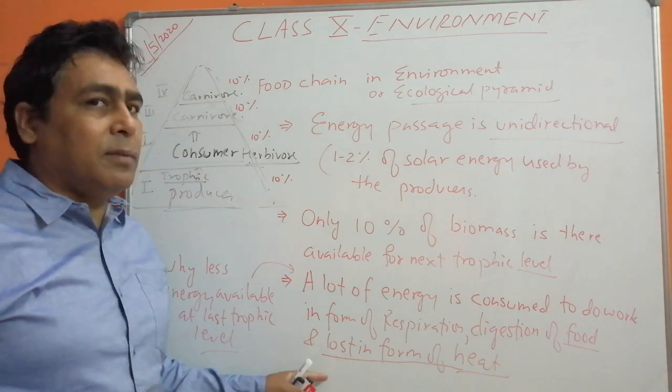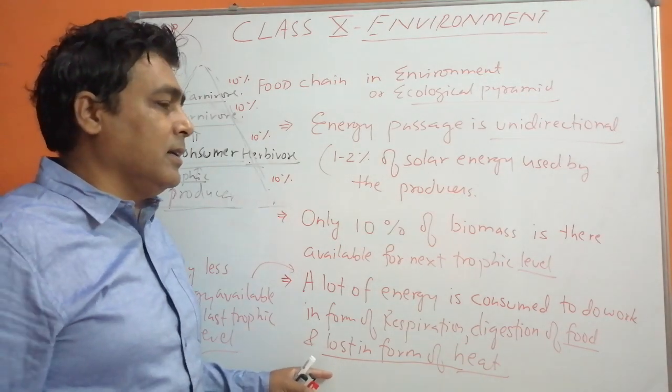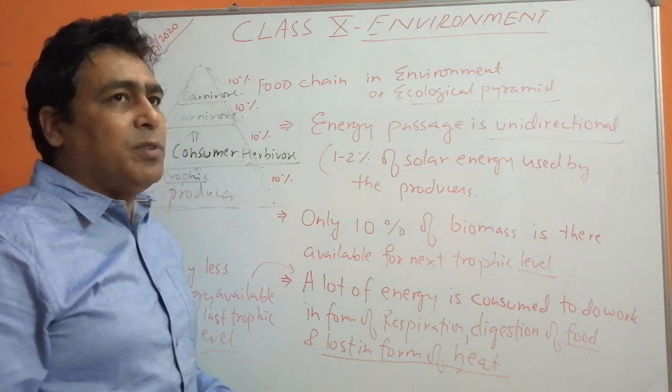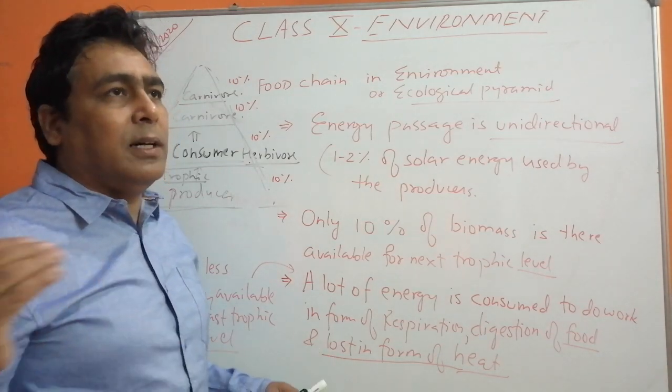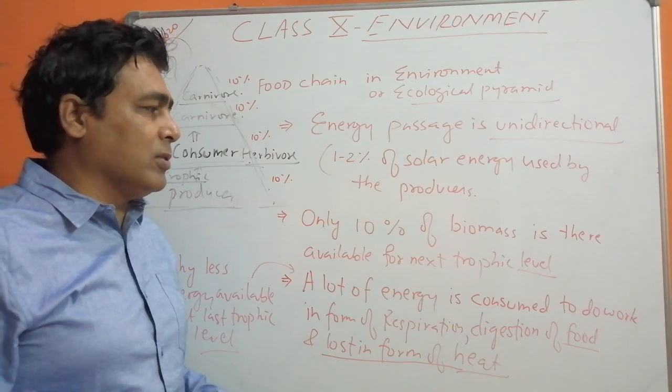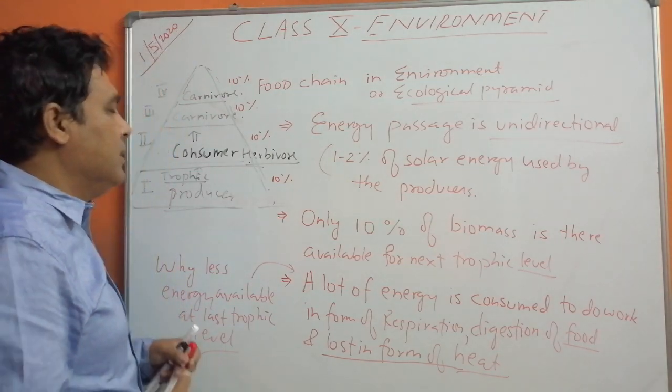That comes under thermodynamics, which you can learn in the higher classes. Thermodynamics is a science which deals with the interaction of the organism with the environment in the form of heat loss or heat gain.